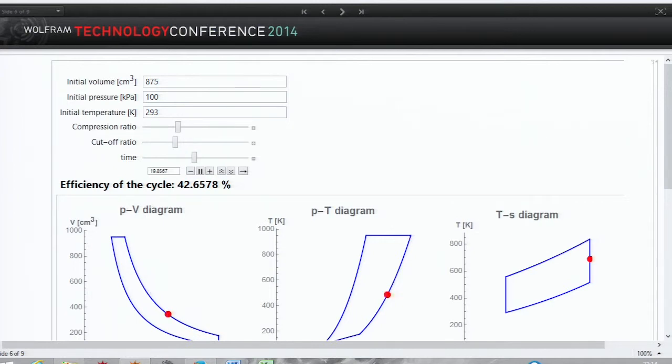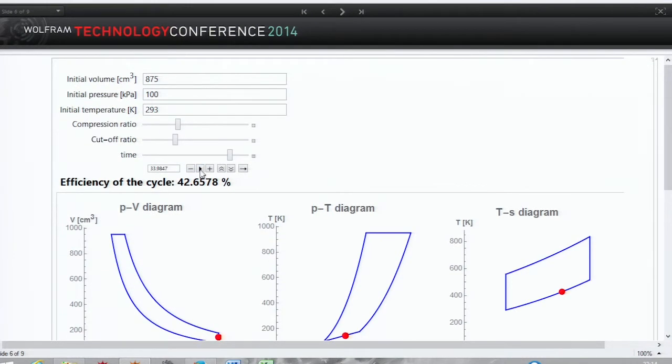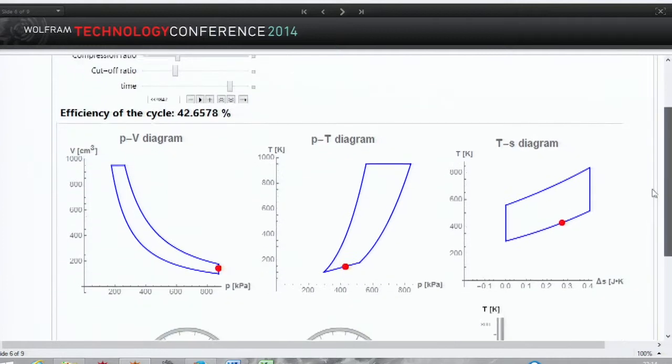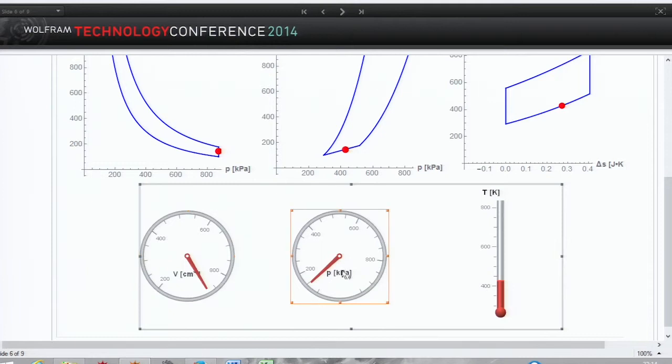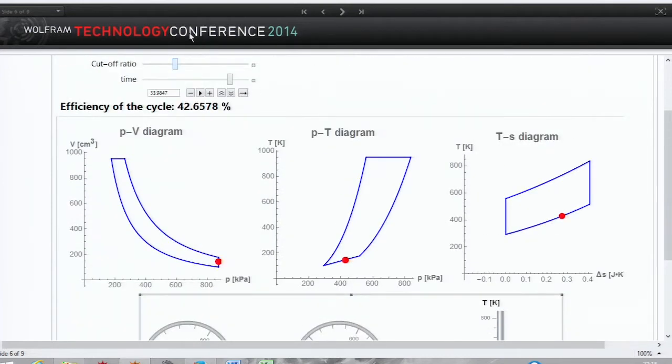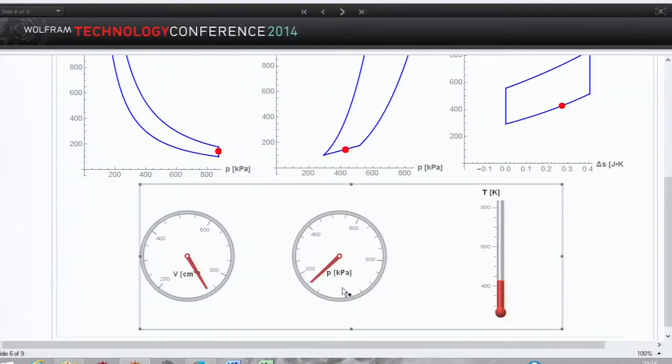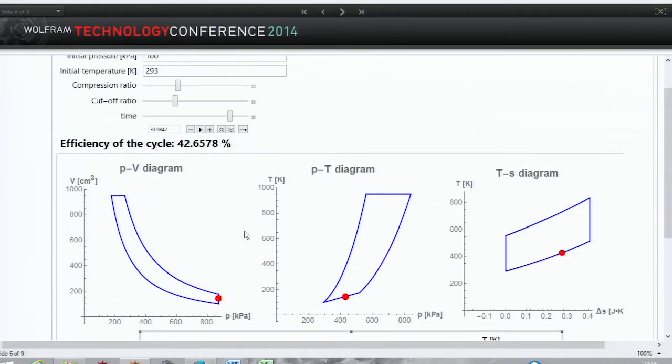This way the student can see the changes in the volume, pressure, and temperature of these cycles. So there is a volume, pressure, and temperature. You can see that right now we are in the exhaustion phase, the phase where the fumes are exhausted from the cylinder.